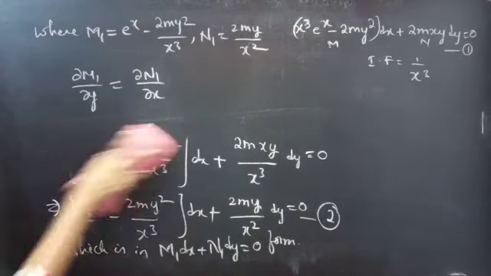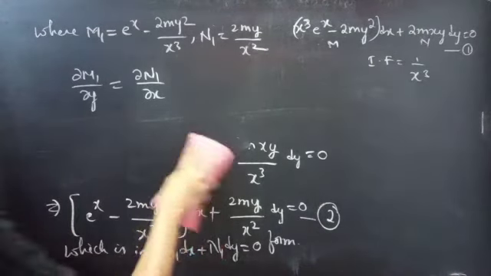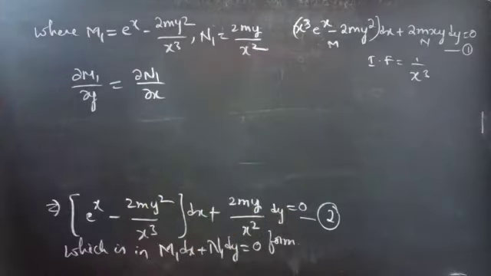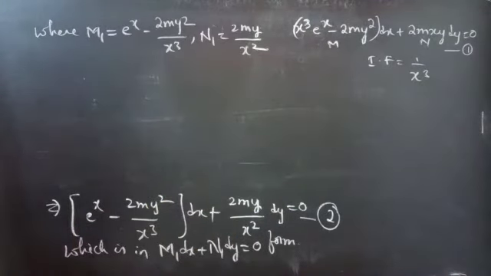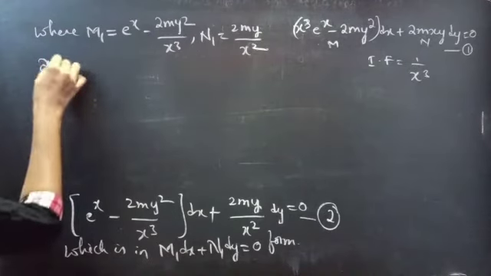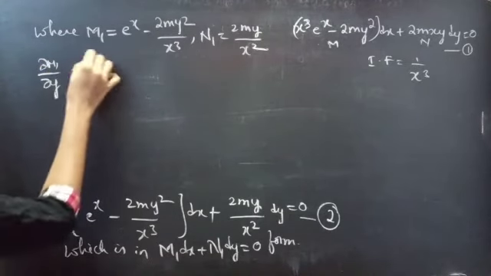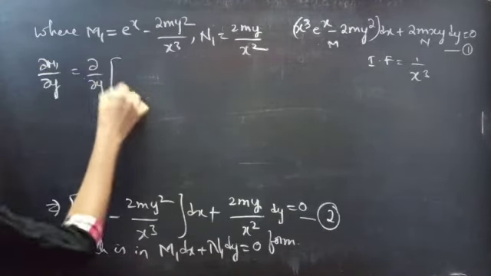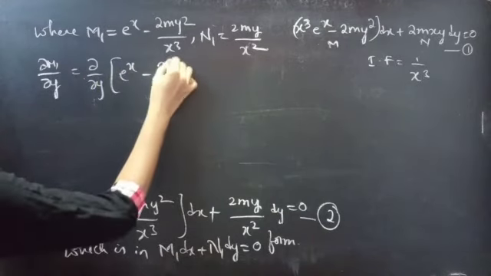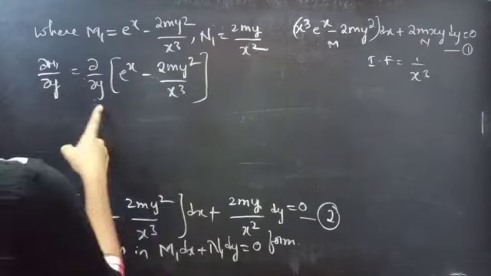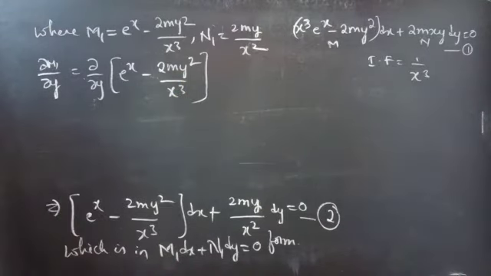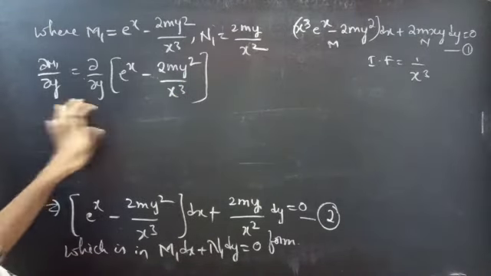Okay, so let's find partial derivatives of m1 and n1. Firstly, we'll find the partial derivative of m1 with respect to y. Dou by dou y of m1, e power x minus 2my square by x cube. Since we are doing partial derivative with respect to y, the remaining variables will be treated as constant.